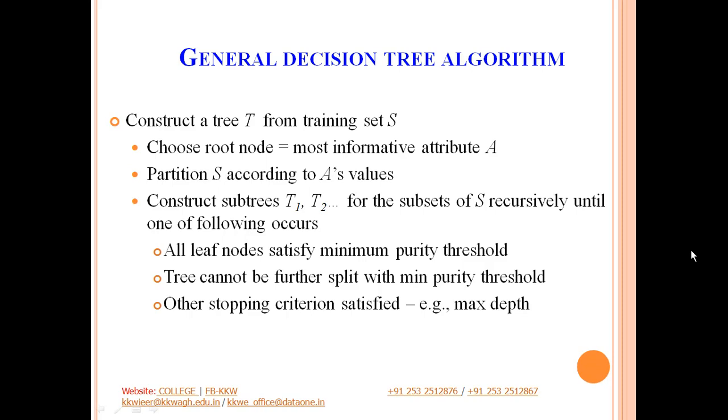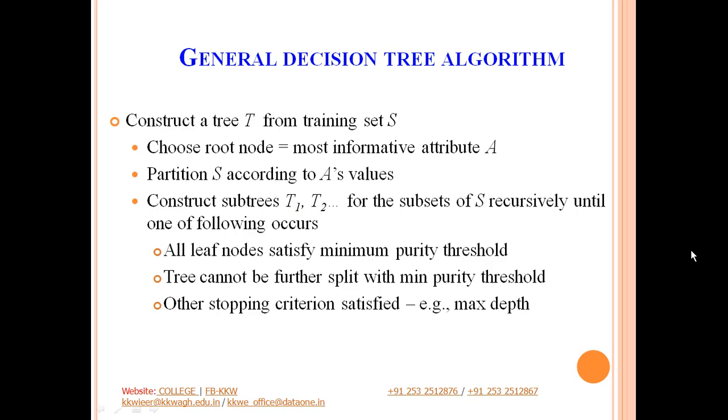Now what are these termination conditions? The first possibility is that all the leaf nodes satisfy some minimum purity threshold, which we have to set. If all the nodes satisfy this, then we stop, and our decision tree construction is complete. Another criterion is that the tree cannot be split further with the minimum purity threshold, so there is no possibility to split further, and we stop.